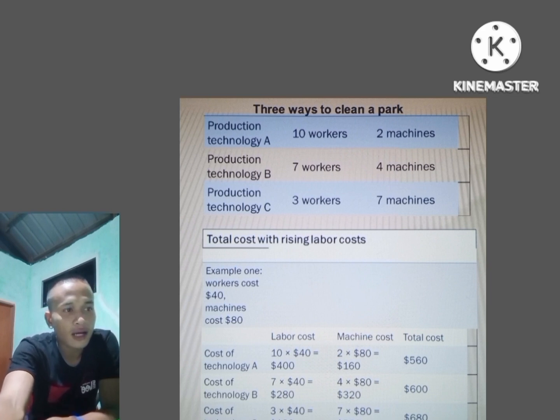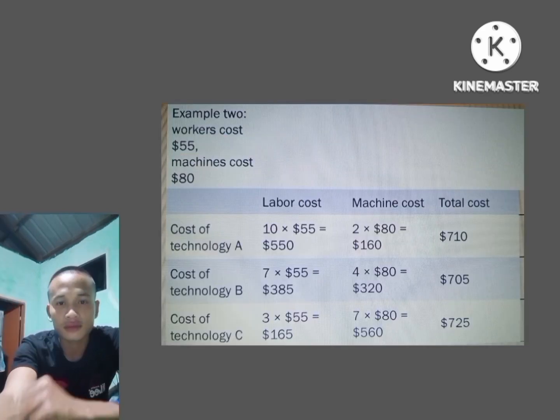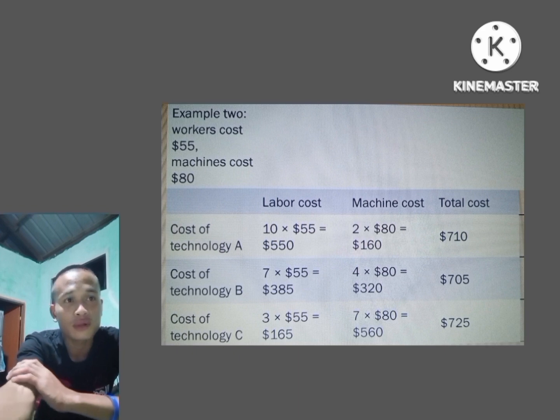You add the labor cost and machine cost: $120 plus $560, the total cost is $680.